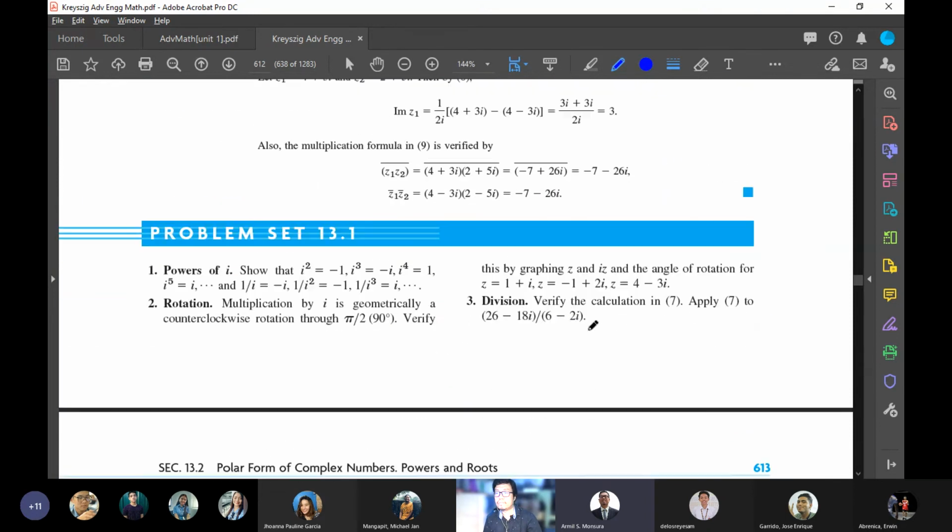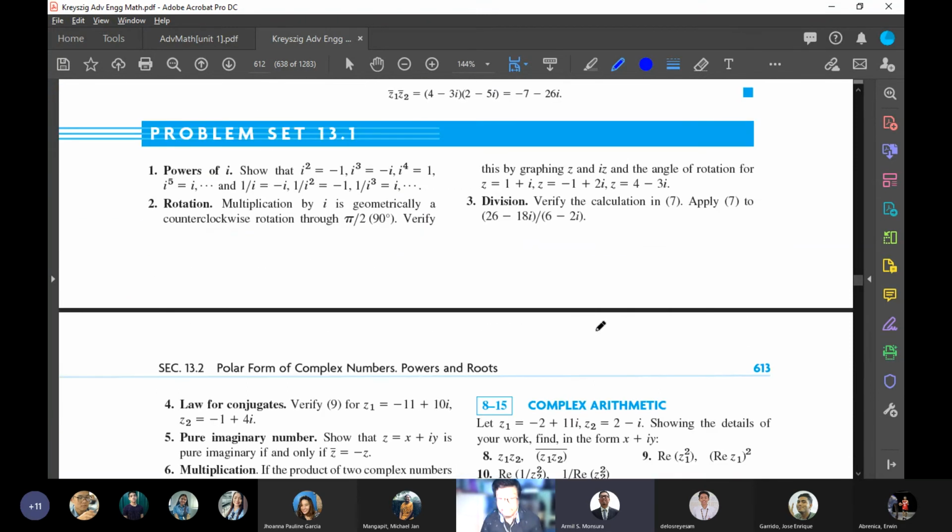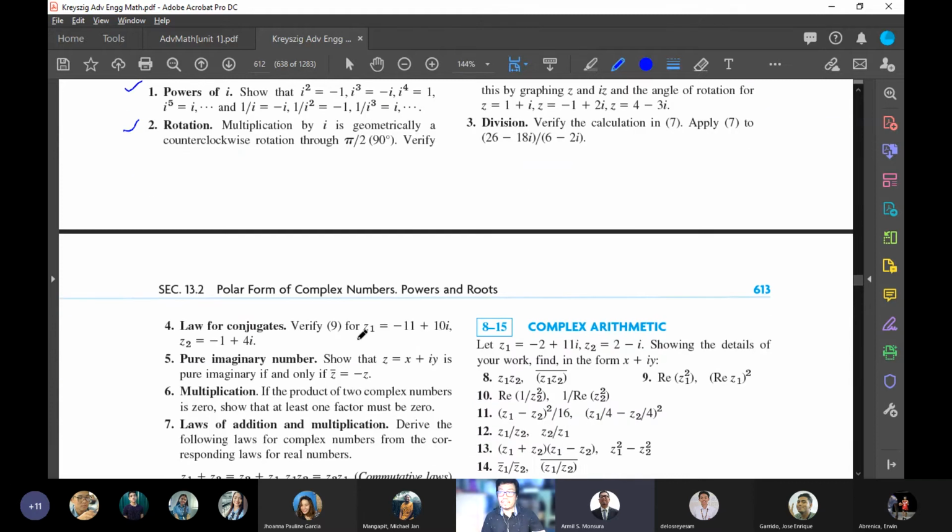So ayun. Sige, lalagay na natin ito sa assignment ninyo. Okay? Is that clear?